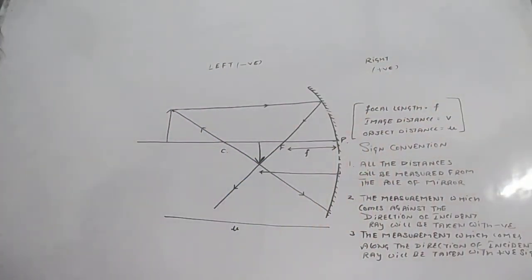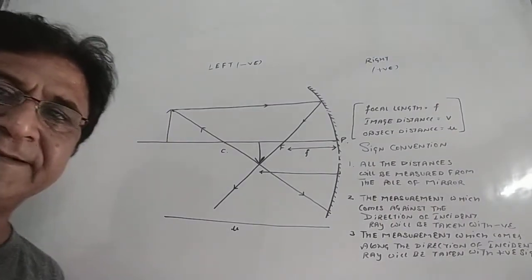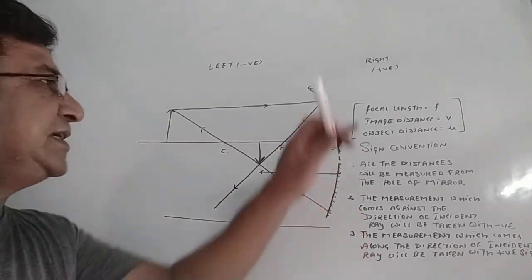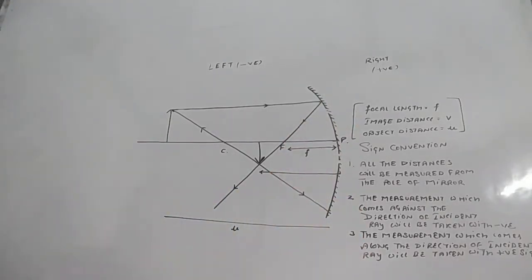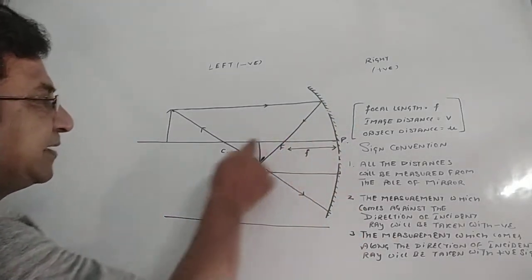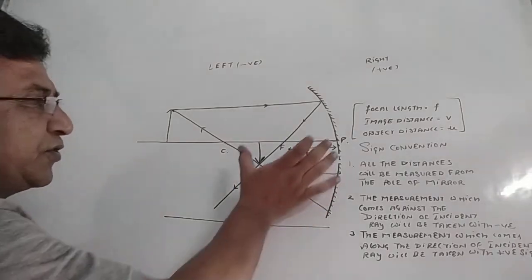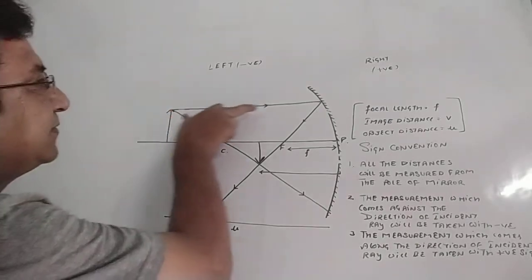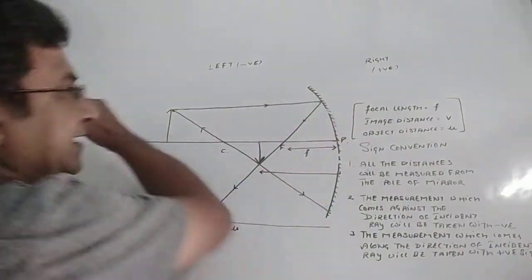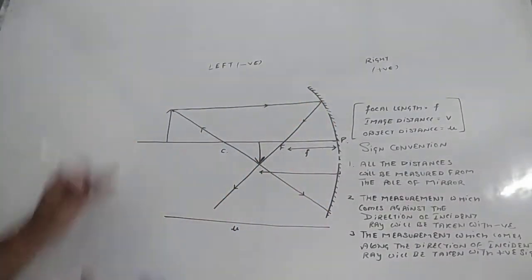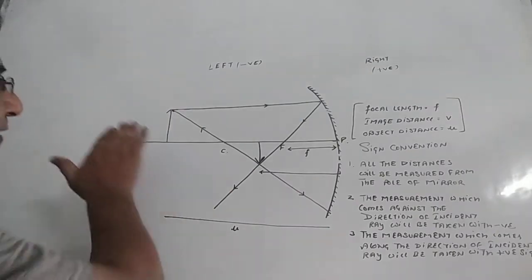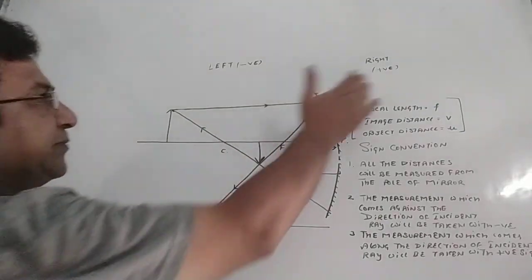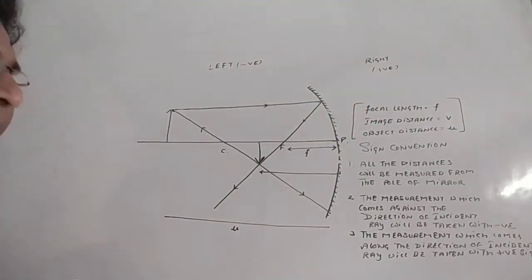So basically we are talking about the right side. Remember that. Always remember, first, all measurements are taken from the pole. Second, the measurements which come against the direction of incident ray, meaning on the left side, will be taken negative. The measurements which come along the direction of incident ray, meaning on the right side, will be taken positive.